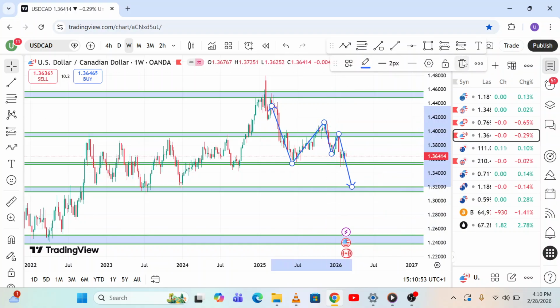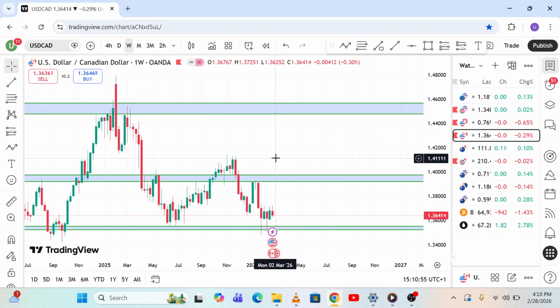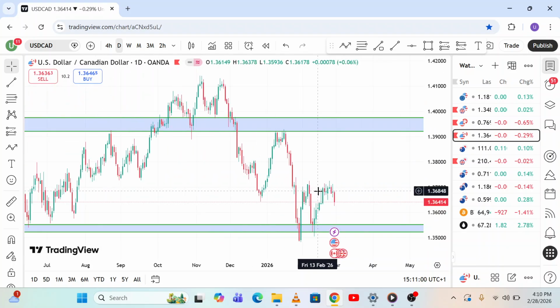Okay, as you have seen in the higher time frame, the market is in a consolidation or in a range.